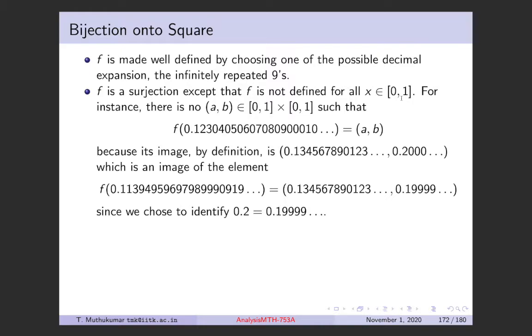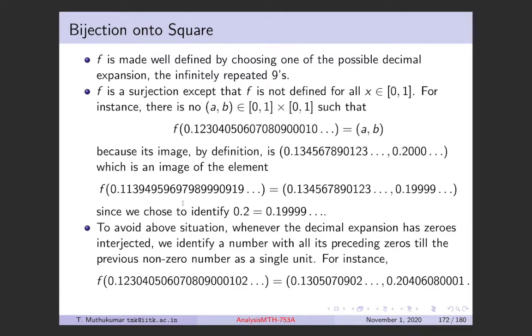Okay, so how do you fix this problem? To fix this problem, we make one more assumption on this map, on how this function f behaves. We are going to make one more assumption on f to avoid situations like the one we had before.